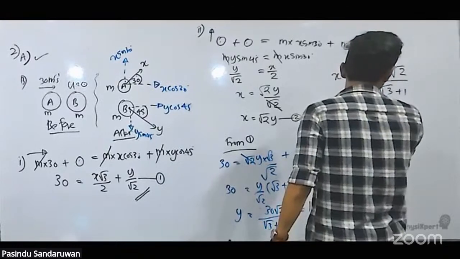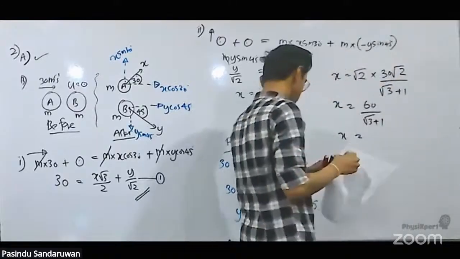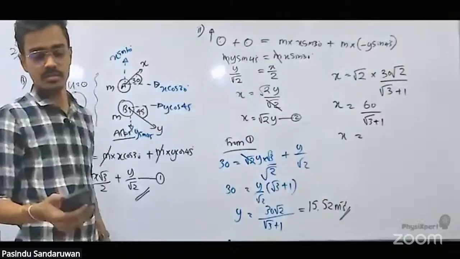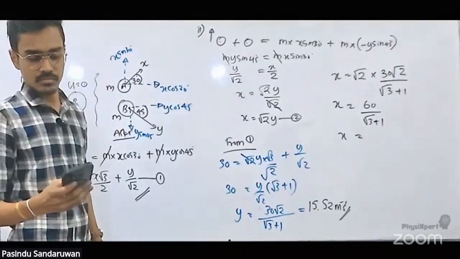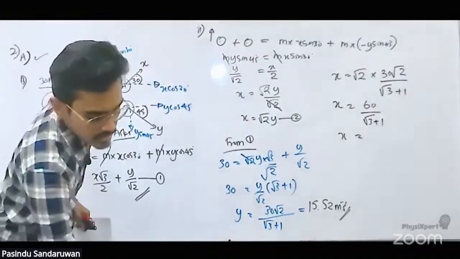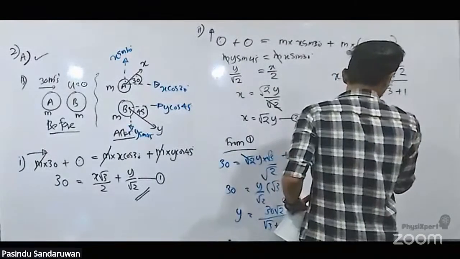Then this is 60 over root 3 plus 1. It gives 21.96. So I got these two check values.